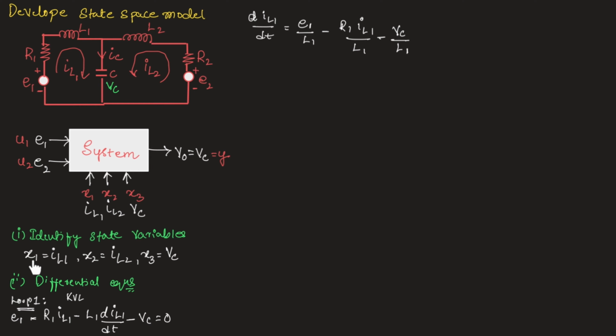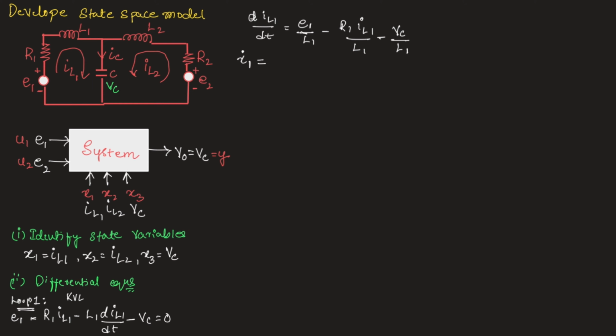Now if x1 is IL1, then dIL1 by dt will be differentiation of x1. So we can write the differentiation of x1 as x1 dot. E1 is nothing but U1, IL1 is nothing but x1, and Vc is nothing but x3.